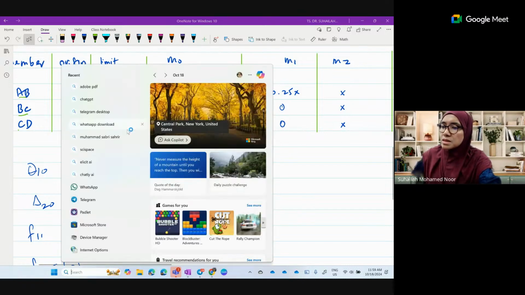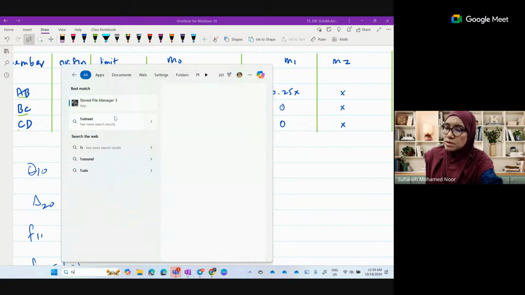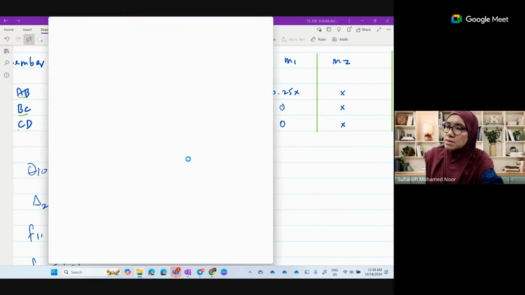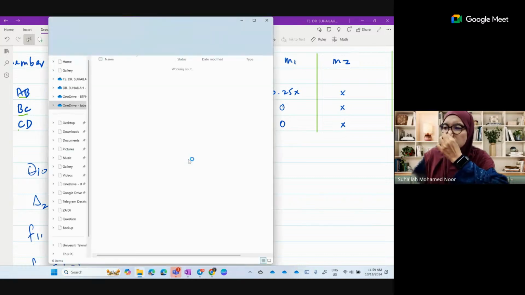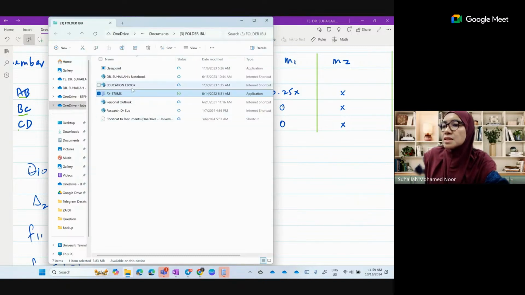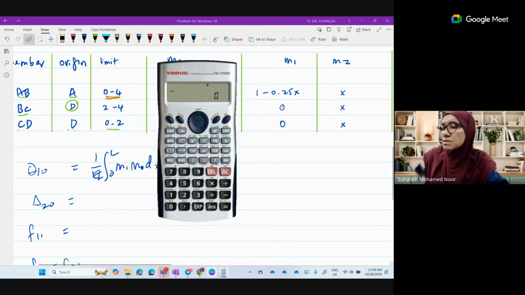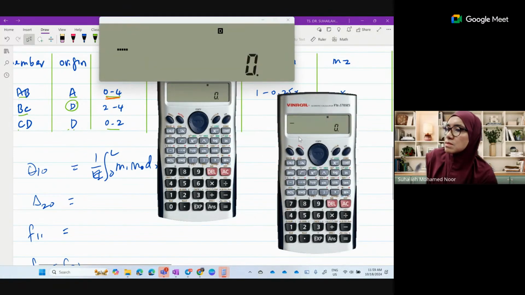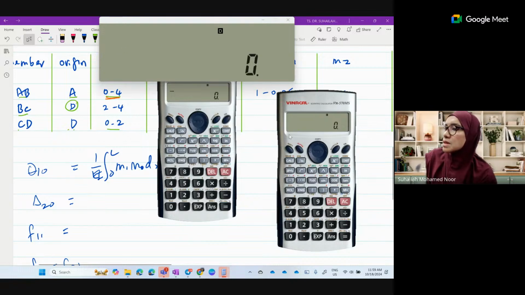Saya kena pindah. Sekejap saya kena pindah dekat C dulu. Kan, so simple, straightforward. Sekejap, mana dia? Ni. Dua pula.